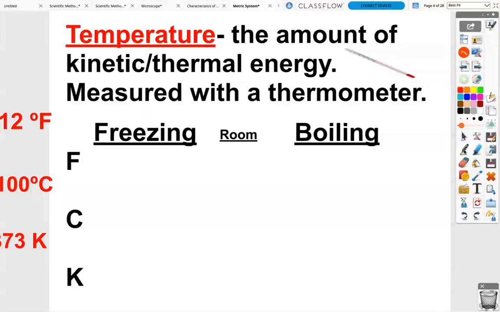On your notes, I did add this one. So if you could make sure to add room temperature to your notes. But we're going to talk about the scales. We're going to talk about freezing and boiling, and then room temperature on the different scales. We're used to using Fahrenheit. Every temperature that we give, we always tend to think of Fahrenheit.